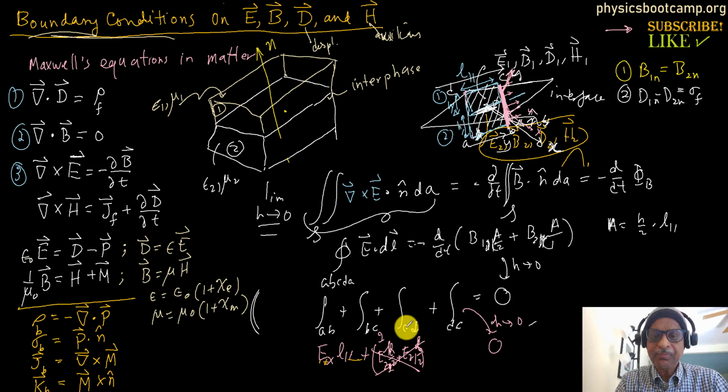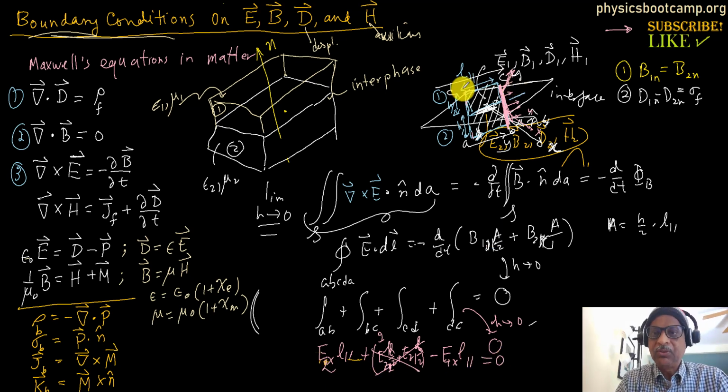Then C to D is the x component in the first direction, but I'm going in the opposite direction, so it's minus Ex of the first, this was for number 2, times L parallel, equal to 0.